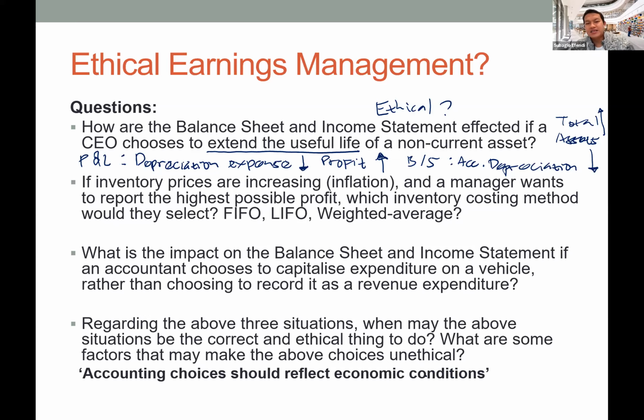So if we can verify that the performance of this asset is actually longer than the initial assumption of the economic life, it could be an ethical policy to change the economic life of the asset. So we also have to see the underlying economic condition of the asset, right?